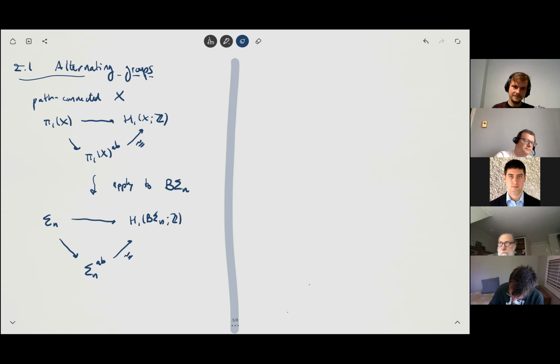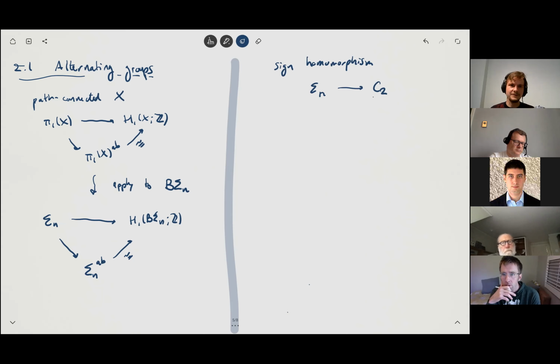Okay. So to do that, we use the sign homomorphism, which goes from the symmetric group to the group on 2 elements. Right? It takes the identity element as value on even permutations and the non-identity element on odd permutations.